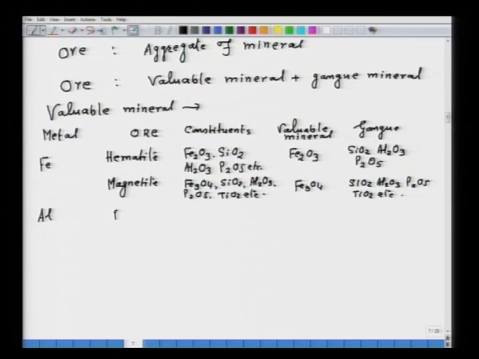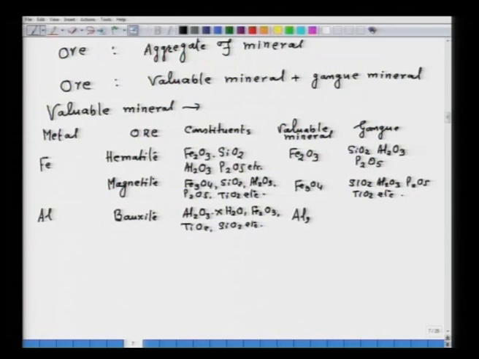The name of the ore is bauxite. Now, bauxite has Al2O3 into XH2O, it has Fe2O3, TiO2, SiO2, etc. In this aggregate of minerals which is called an ore, the valuable one is only Al2O3. Rest all, H2O, Fe2O3, TiO2 and SiO2, are gangue minerals.